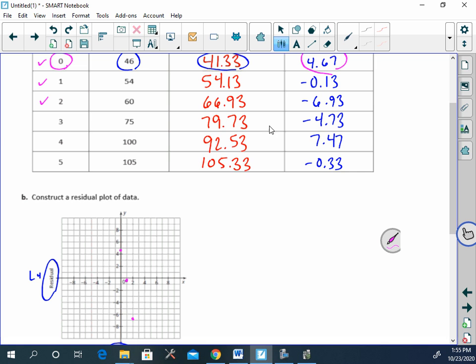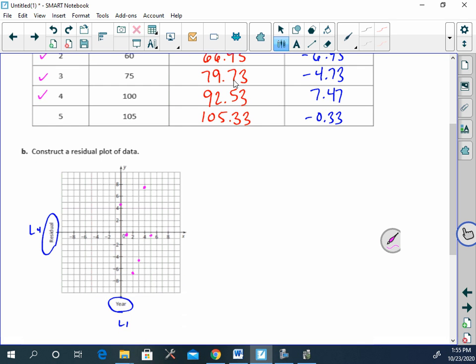Then 3 with negative 4.73. And you can plot the last couple. All right, so we've got our residual plot done.